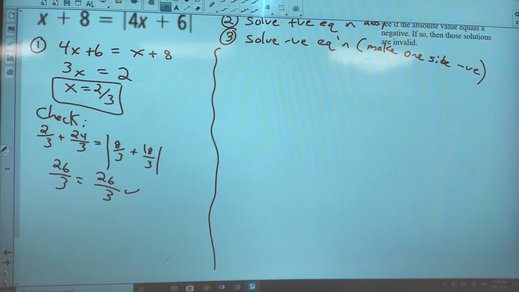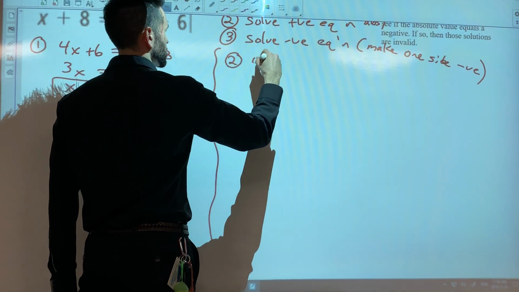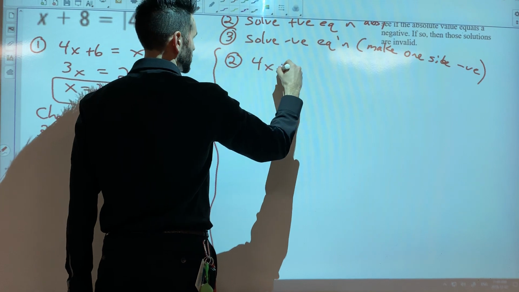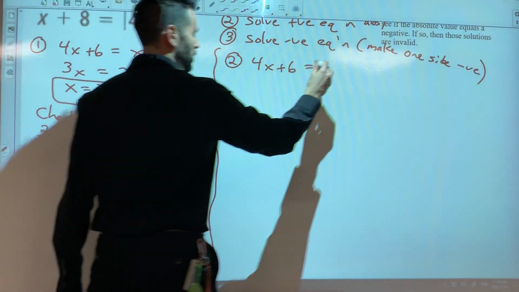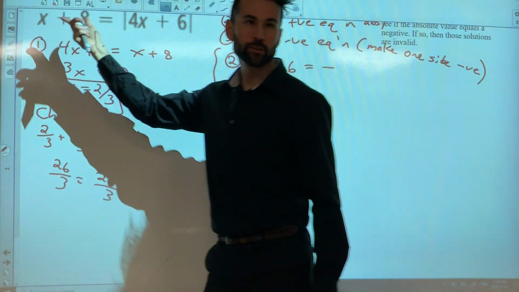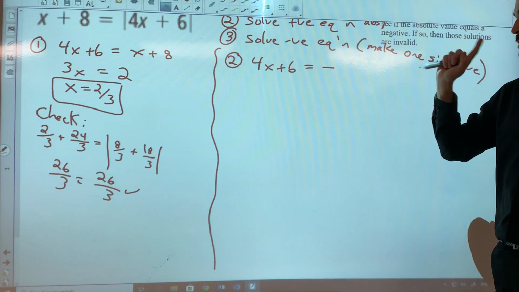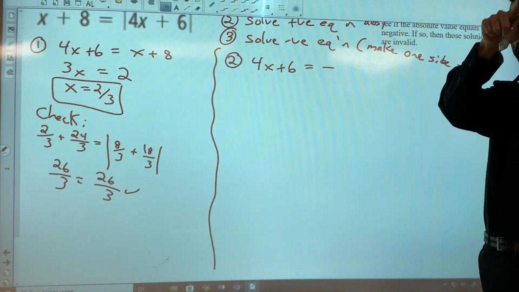Okay, for the negative one, again, I'm going to take whatever my absolute value is. So 4x plus 6 equals, so on the last examples, we were able just to go negative and then whatever was on the other side. This is a binomial though, so what do I need to remember to do? Times the whole thing.